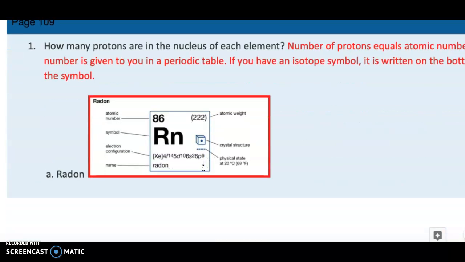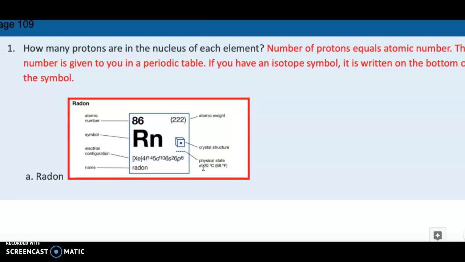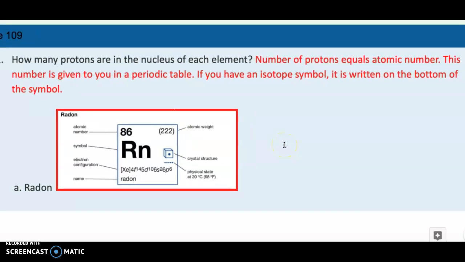Okay, a different question that we'll be asking you about on page 109, because now we're starting to look at the composition of each element. So each element is composed of protons in the nucleus and neutrons. Outside of the nucleus, you have electrons that are constantly moving.